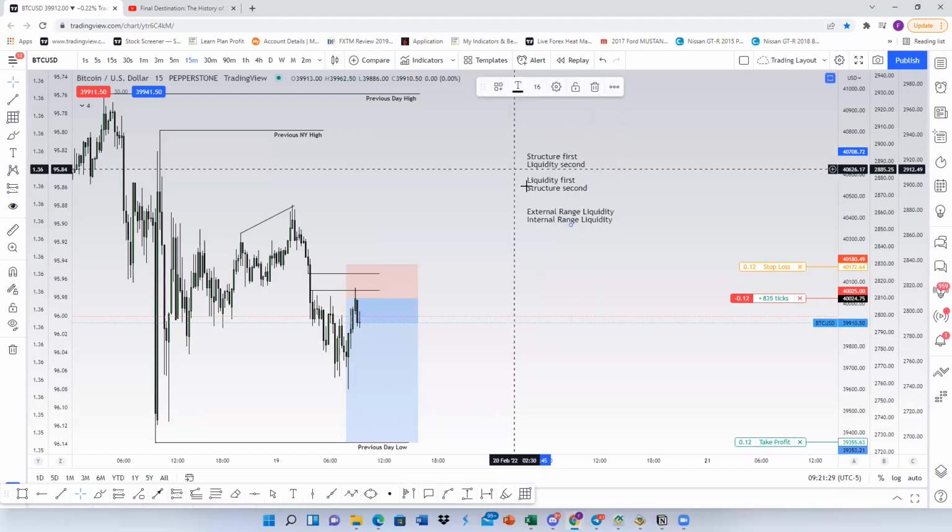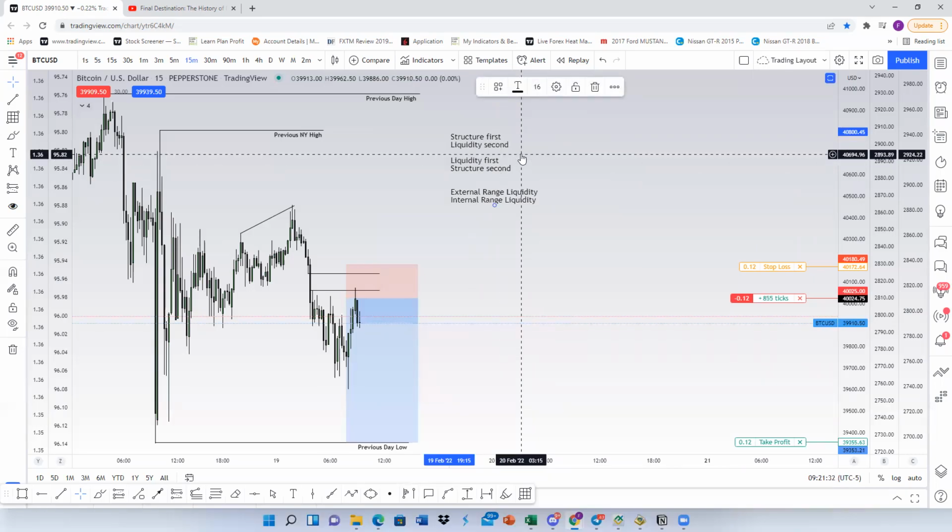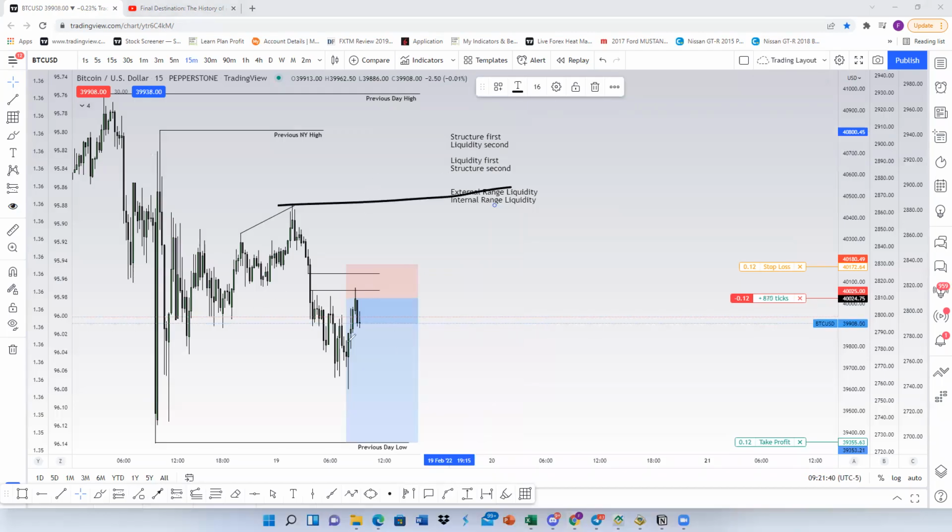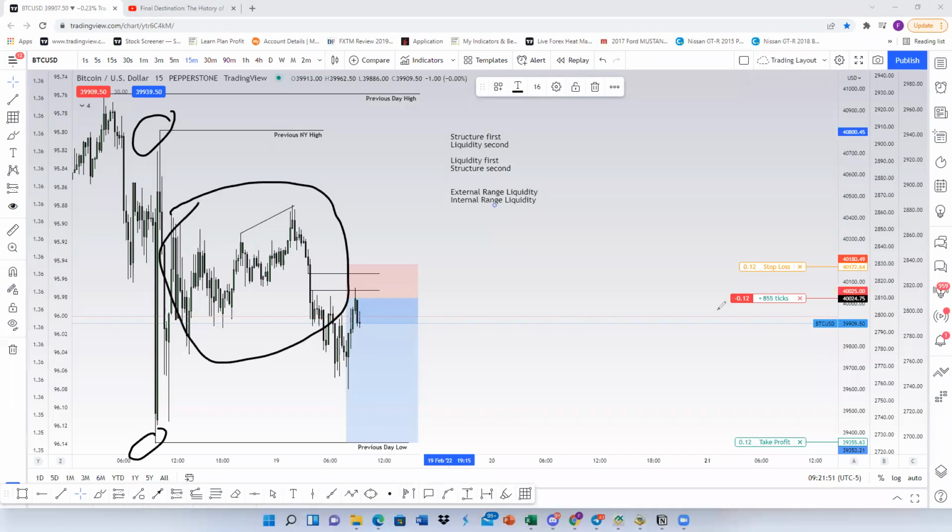So what do we mean by external range? Now, we have been taught that external range liquidity is literally any high. This could be external, so we can get an internal reaction there. It's wrong. What is the range we're working with? This one. What is all of this? Internal range liquidity.